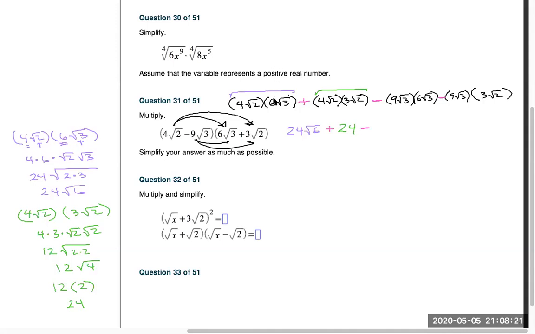I'm going to go a little bit faster here. Let's do this in orange. So 9 times 6, 54. And root 3 times root 3 is actually going to be 3. So what that turns into would be 162.